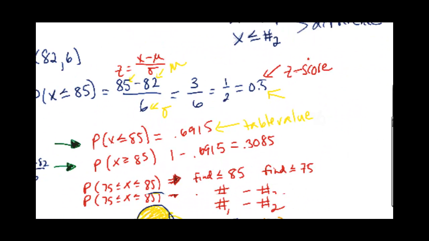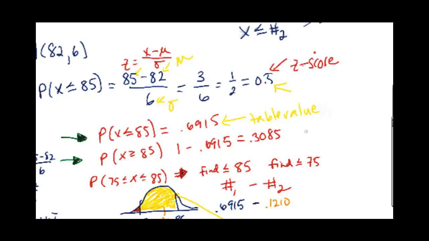For greater than, it's one minus the table value. And for in between, you just take the difference. Alright? So I hope this example clarified things for you.